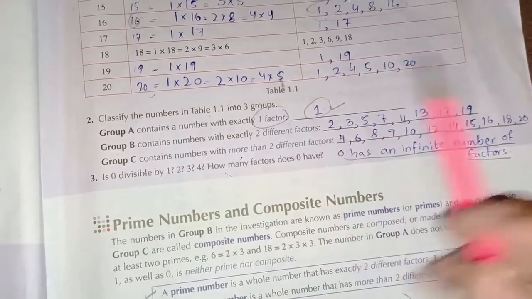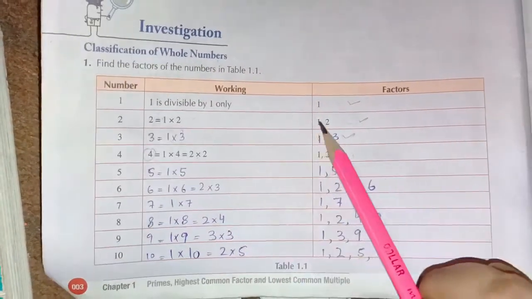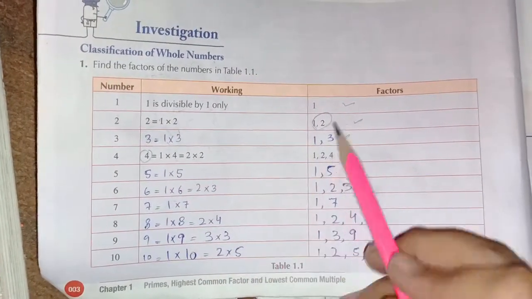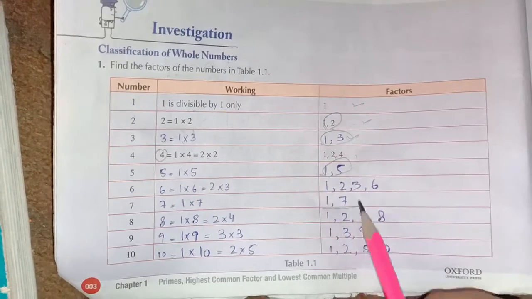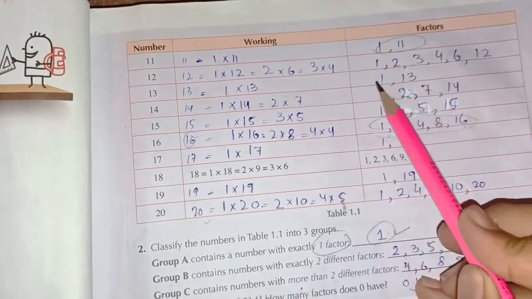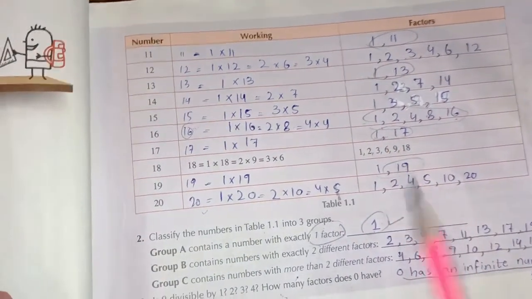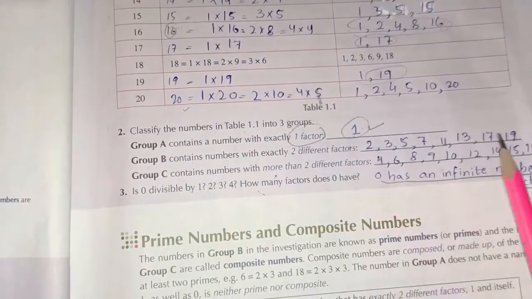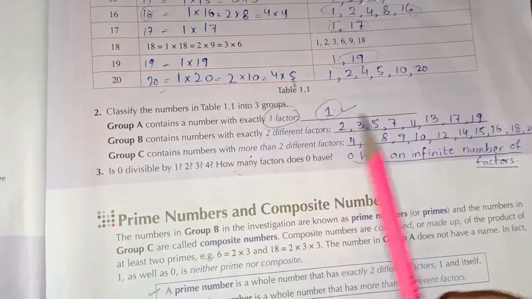So in group B we have 2, because it has 2 factors, 3, 5, 7, then we have 11, 13, 17 and 19. These are all the numbers in group B with 2 different factors.